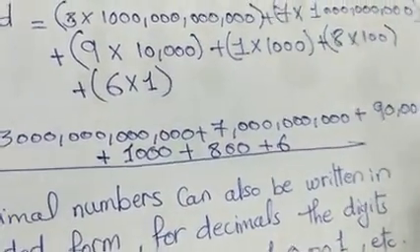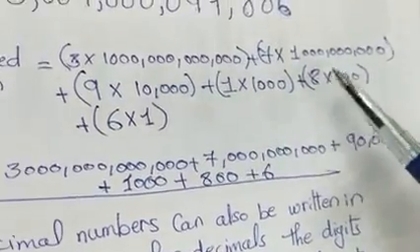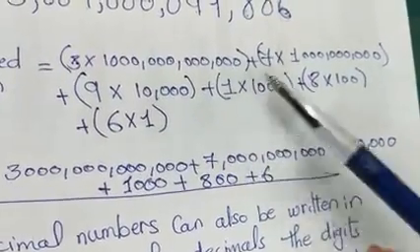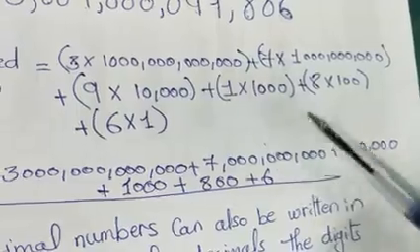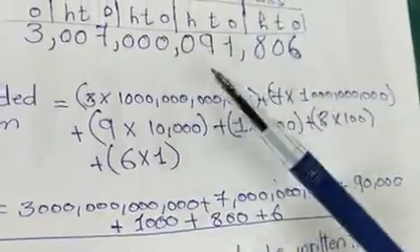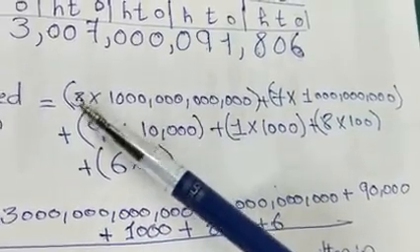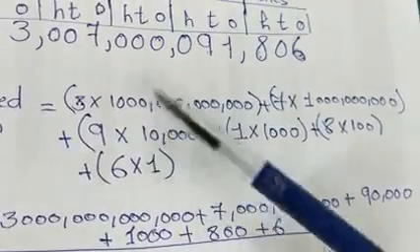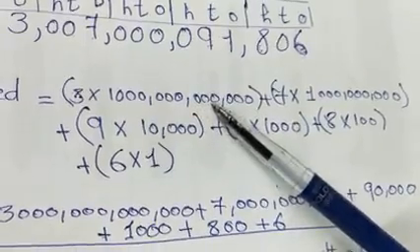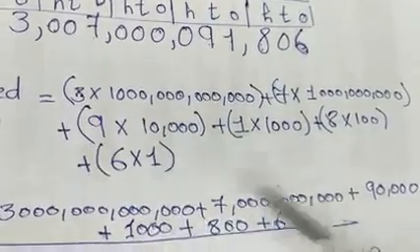So this is how we type the expanded form in these two ways. The first one is the product: we type the multiplication of the digit times its place value, or we have the products and add them together.